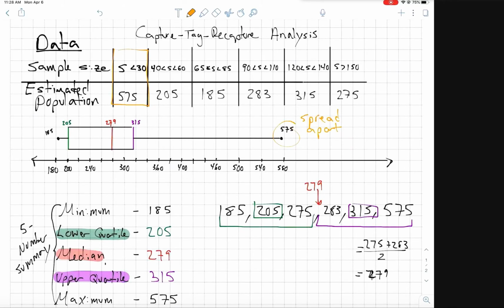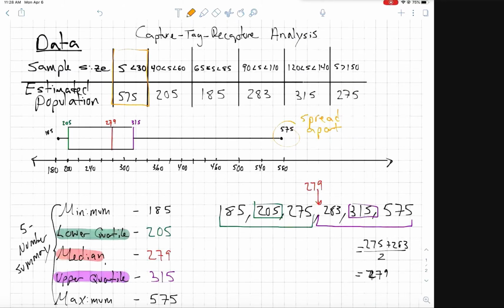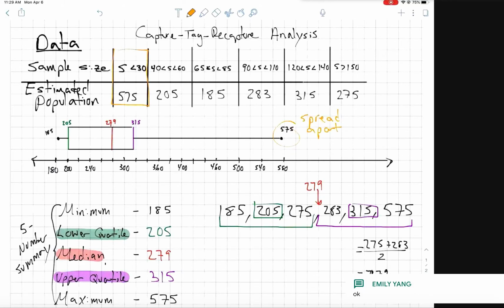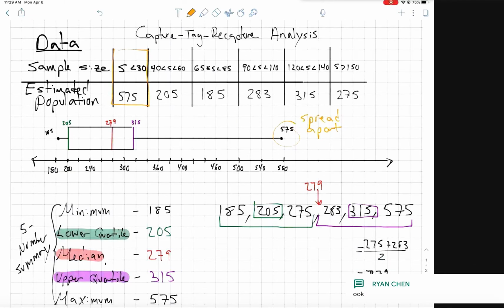What do you guys think about how sample size is having an effect on our estimation of the population? Ryan, I'm almost done with the lesson, and then we'll be able to go to do your own work, okay? So I'm just trying to answer a few more questions. My last question is, before anyone leaves, what is the relationship between sample size and our ability to estimate the population?